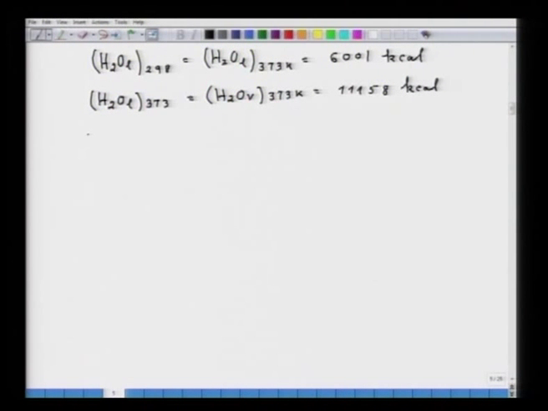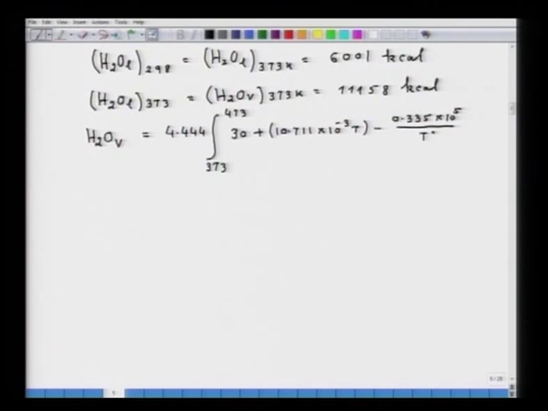Now, I have to heat the H2O vapor, 4.444 kg moles, from 373, because 100 Kelvin has already been taken into account, to 473: 30 plus 10.711 into 10 to the power minus 3 T minus 0.335 into 10 to the power 5 upon T square, dT, and this value is 3643 kilocalorie.